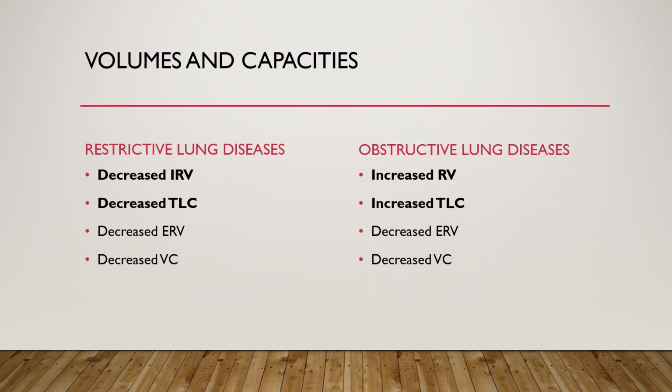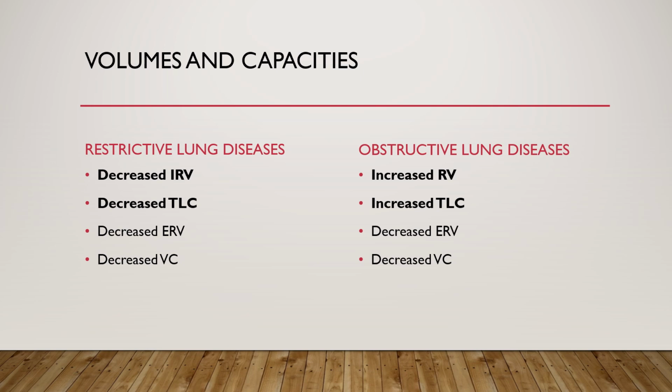So when we look at the difference between our restrictive lung diseases and our obstructive lung diseases in regards to these volumes and capacities, in restrictive lung diseases, we're going to see a decreased inspiratory reserve volume and a decreased total lung capacity. And you can associate this with something like a lung resection falls under a restrictive lung disease.